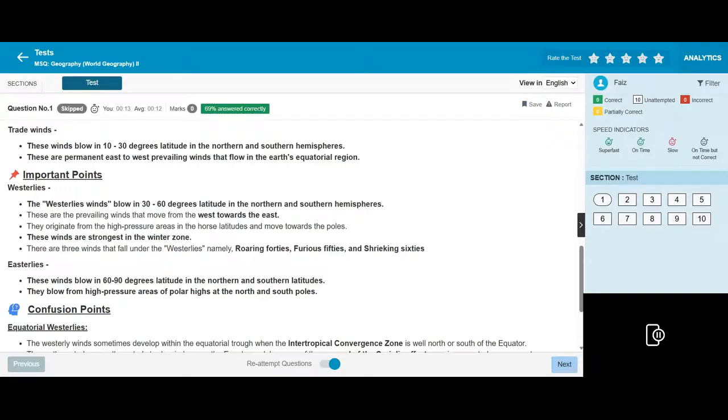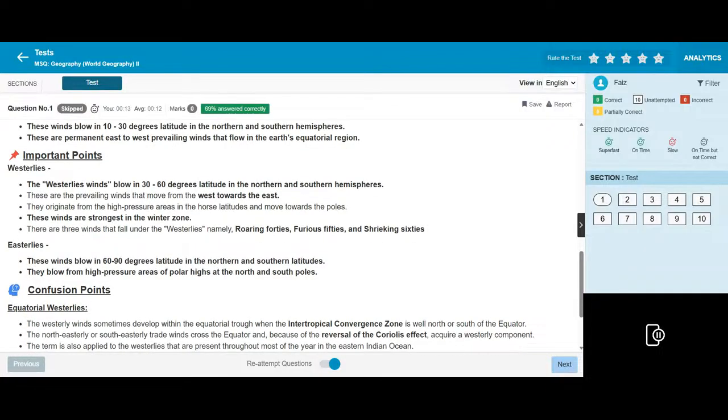They originate from the high pressure areas in the Earth's subtropical latitudes and move towards the poles. These winds are strongest in the winter zones. The three winds that fall under the westerlies are the roaring 40s, furious 50s, and shrieking 60s.